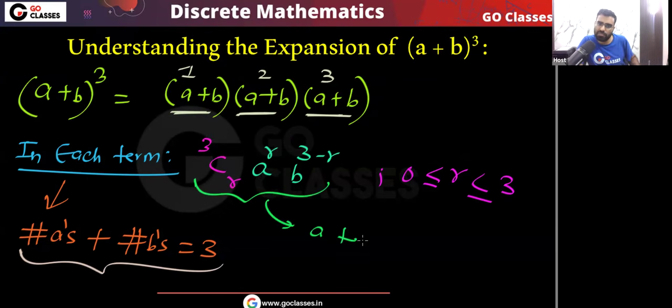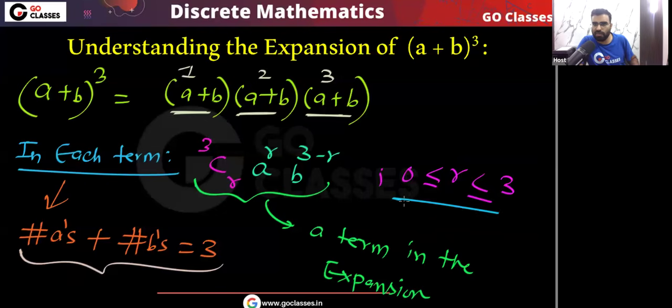This is a term in the expansion. When you do the expansion, this term you will get, and R will be from 0 to 3.